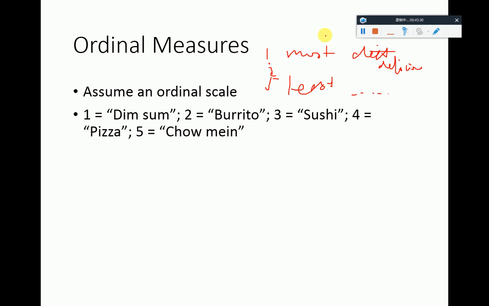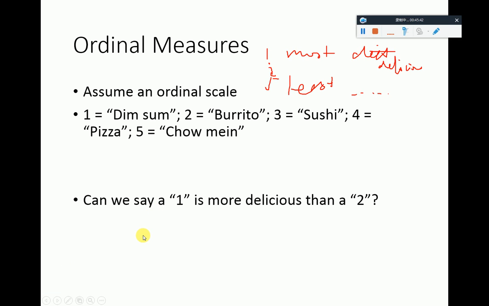If this numbering system is an ordinal scale, based on this information, my question is, can we say a 1 is more delicious than a 2?